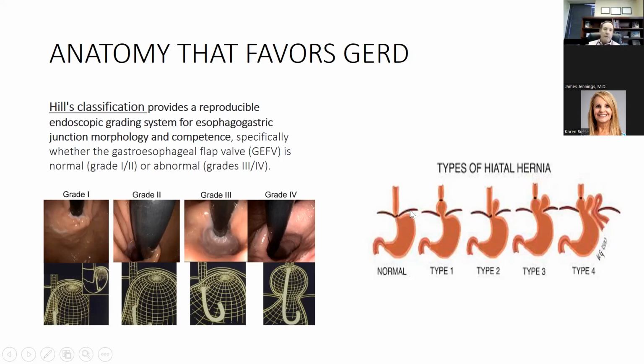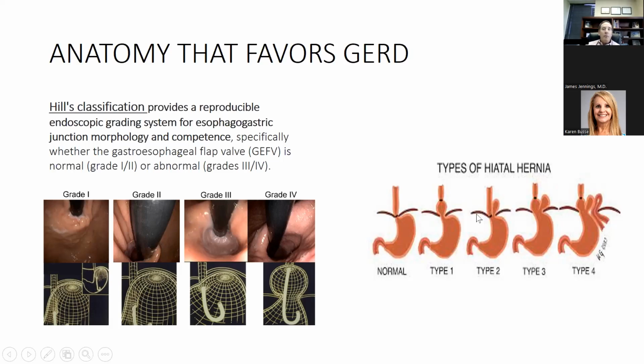So the diaphragm muscle will provide support to the lower esophageal sphincter. The right crus comes around and it will contract and provide that angle to prevent acid reflux. If the crus becomes weakened or loose, then you're going to have Hill grade 2, and you can see this separation here. You can still see the crus here wrapping around the scope, but it's much looser.